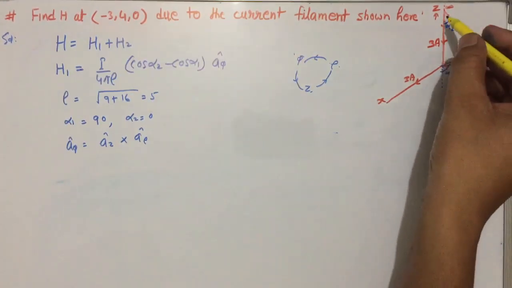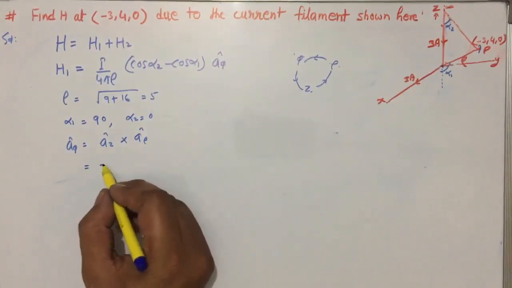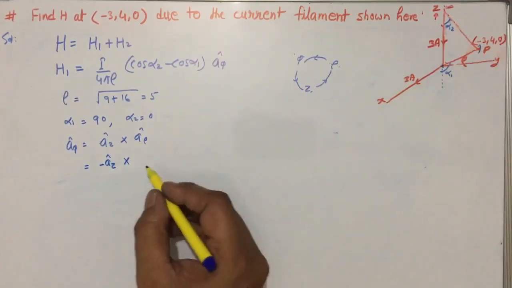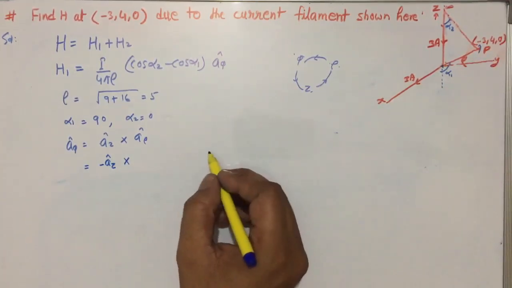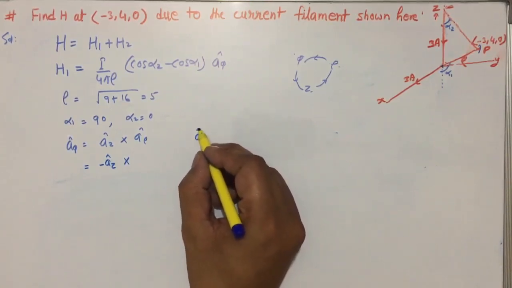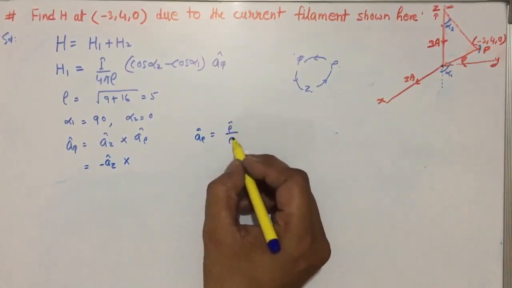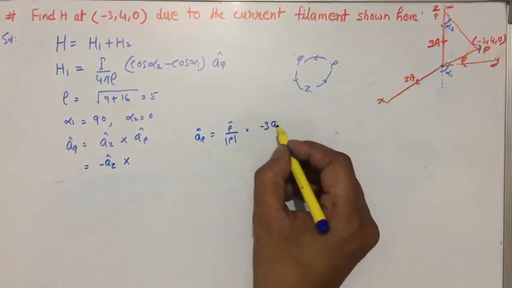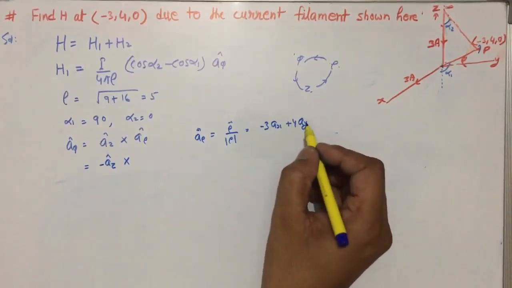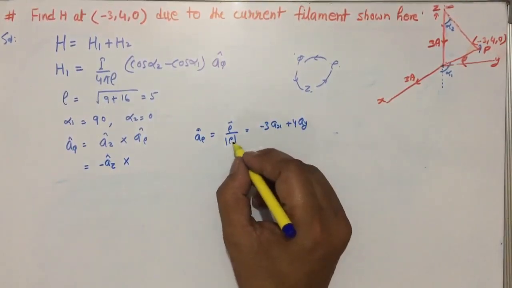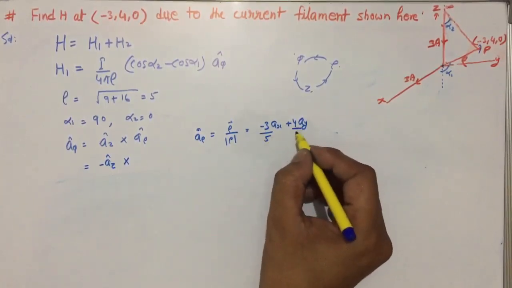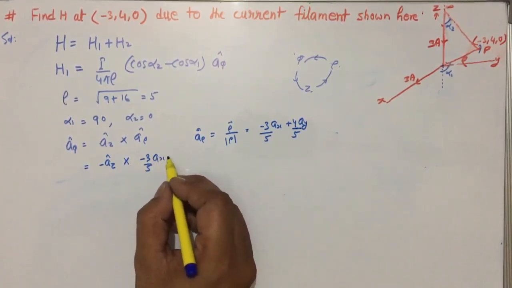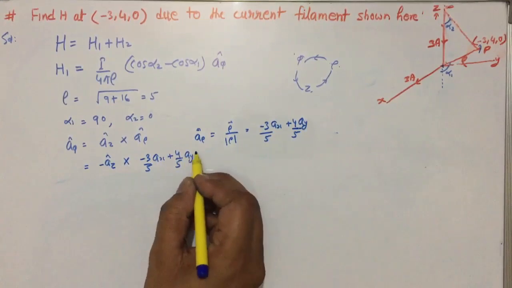Here az will be minus az, and a rho can be written as the rho vector divided by its magnitude. The rho vector is minus 3 in the direction of x plus 4 in the direction of y, with the magnitude of rho being 5. So a rho is minus 3 by 5 ax plus 4 by 5 ay.